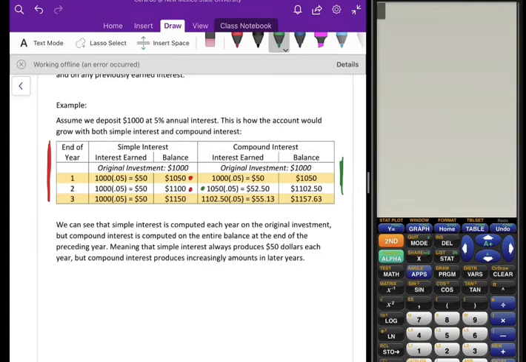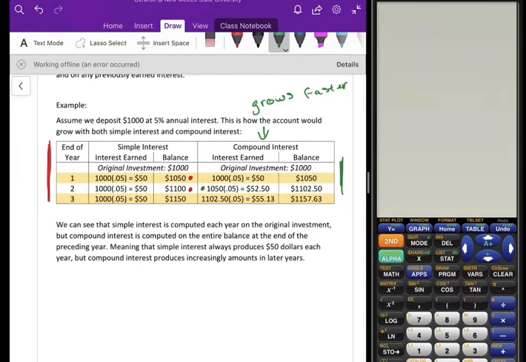After that, we have 1,102.50 times 0.05. That's 55.13. So now we have 1,157.63. You can see that compound interest grows faster. And since we only did this 3 times, it didn't show that much. But imagine after time, this will give you more money.